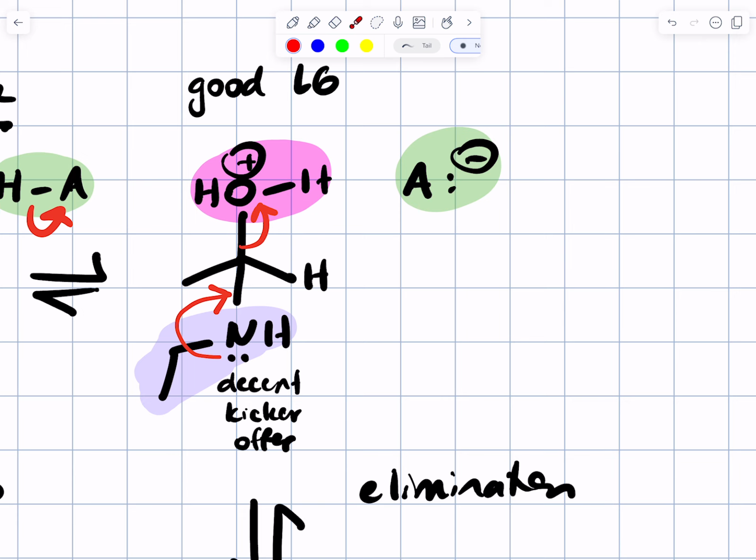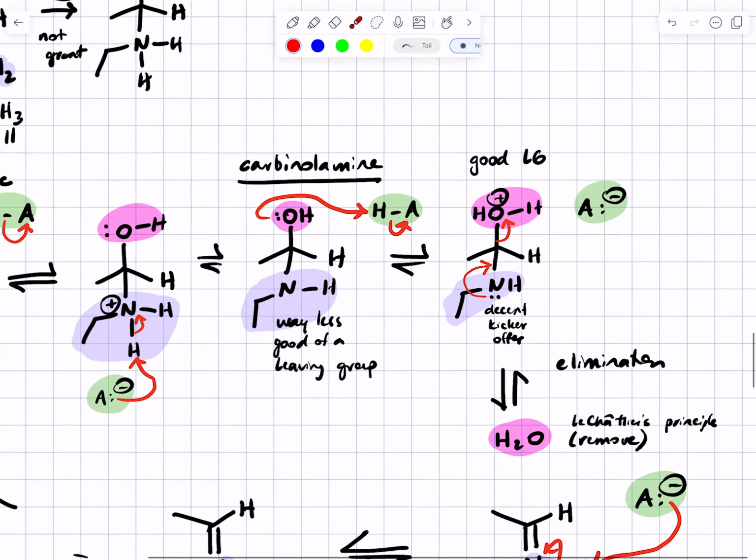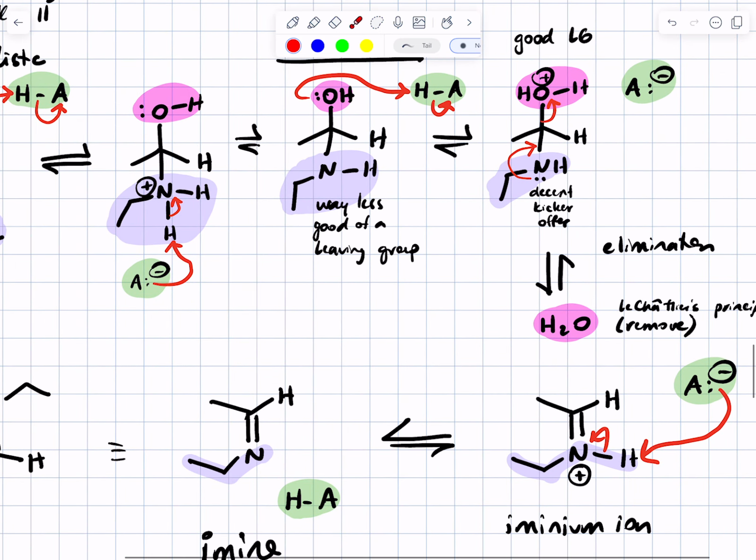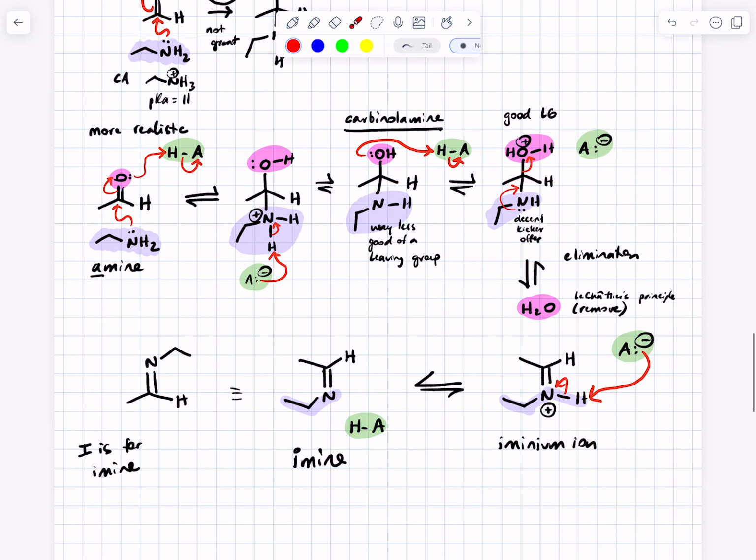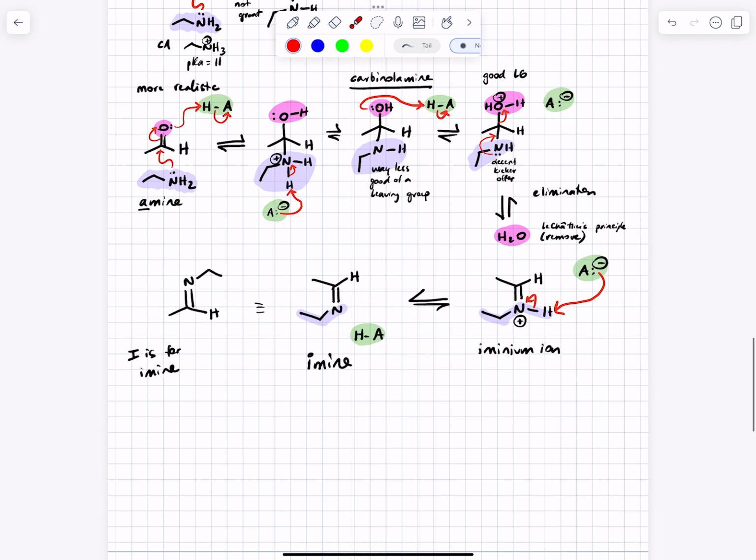Yep, yes? You said removing water pushes the reaction forward. If you added water, would it push it backwards? Exactly. If you added water, it would push the reaction backwards. Yes. So for imine hydrolysis, if you wanted to hydrolyze an imine, can't spell hydrolysis, can we? And that Y is wonky, sorry. Imine hydrolysis, you would start with the imine, and then you would use an acid catalyst in an excess of water.